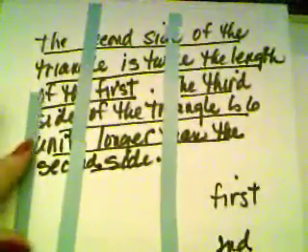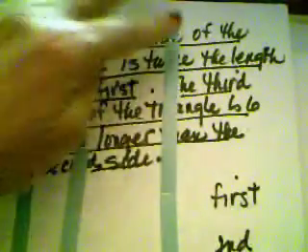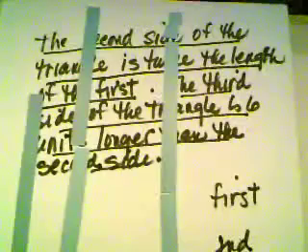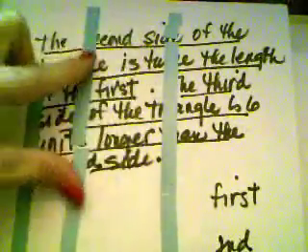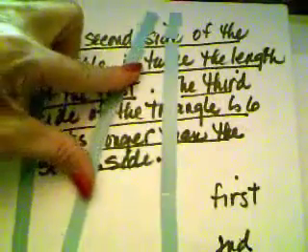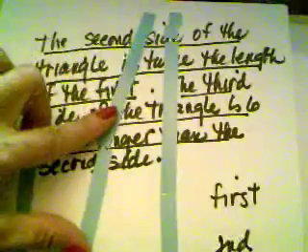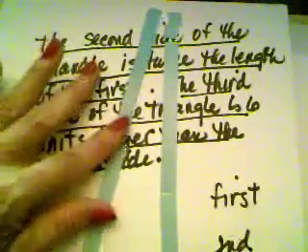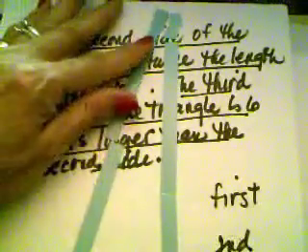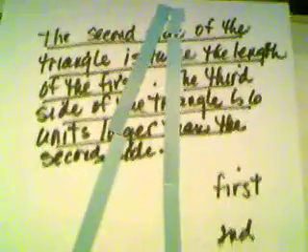So I have one long strip, two long strips, two long strips, and 6 units. And I want to make these fit into a triangle, so I'm going to have to make the triangle look something like this. So it's going to be an obtuse triangle because I have one obtuse angle here.